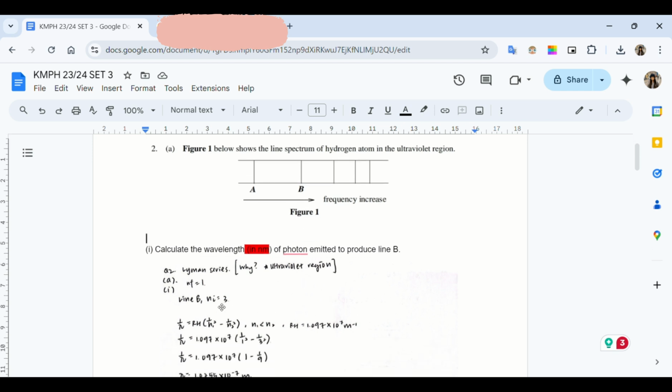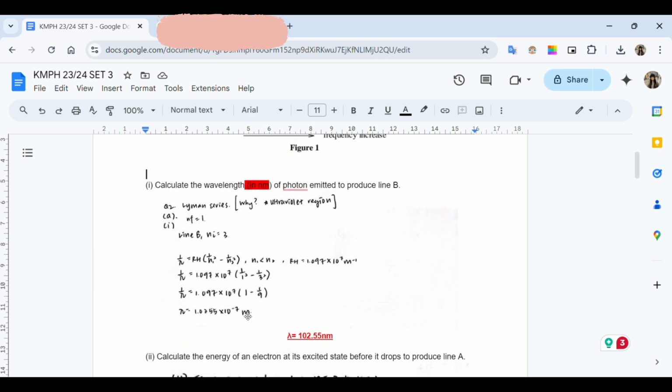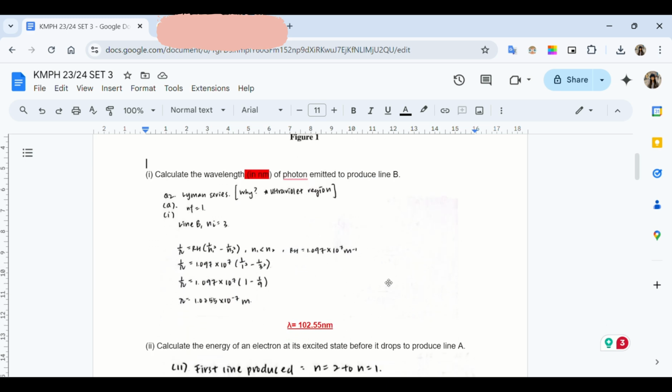So for line B, it is written here ni equals 3. And now we can write out this formula. And please always remember to write this part, which is n1 is always smaller than n2. And please remember to write out this formula whenever you answer this kind of subjective question, which n1 is always smaller than n2.